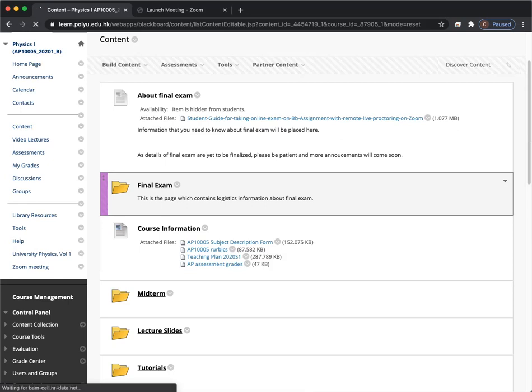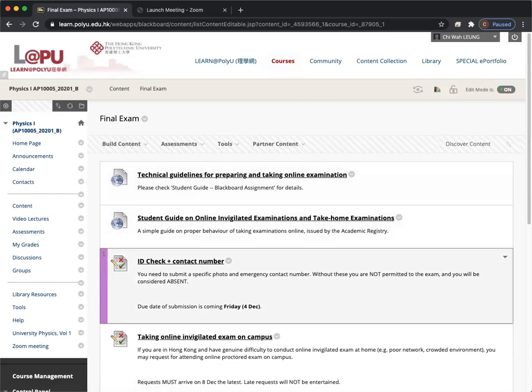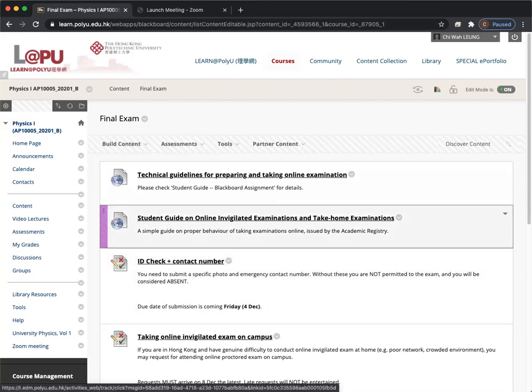A number of things we would do in particular. First, we would check whether you have submitted your identity document. If you still have not done so, please do it as soon as possible. Follow the instructions in the student guide and submit the document. And secondly, you should be doing a mock exam.